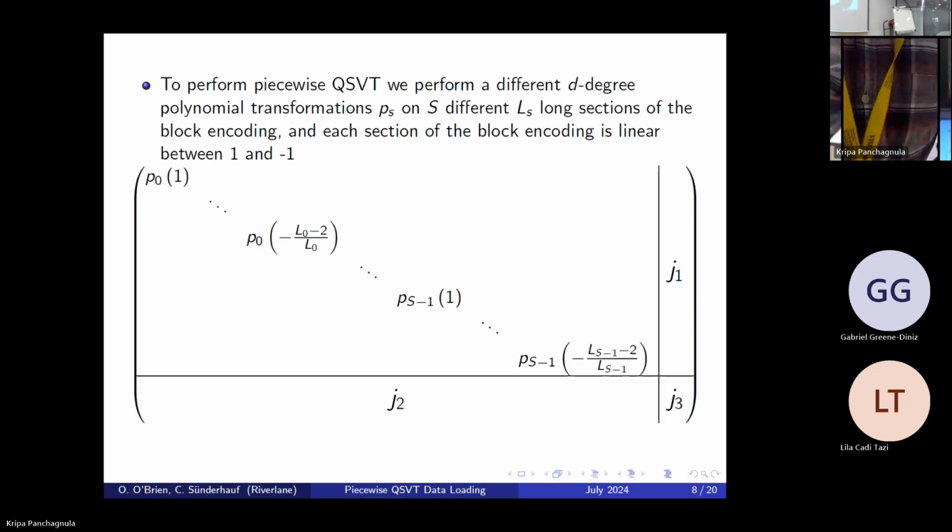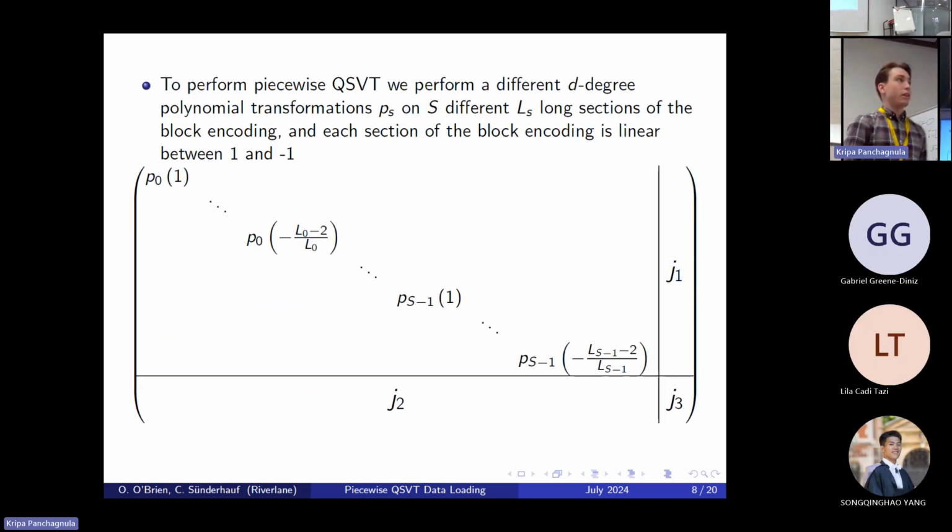So what we need to do now is a bit different to what we did before. If I rub off some of this stuff and try to explain the changes, we need 2 new things. We need a new block encoding, and we need a new way of applying our polynomial transformations.